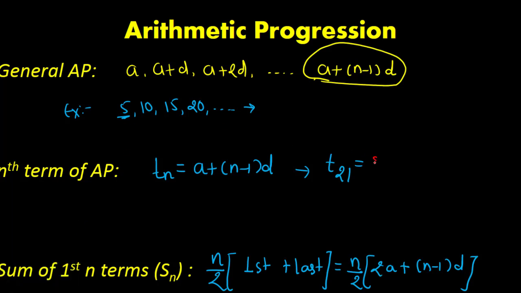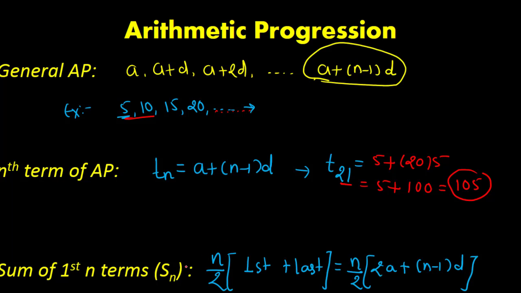So it is 5 plus n minus 1. N is 21, so n minus 1 will be 20. D kitna hai? D is 5. So it is 5 plus 100, which is nothing but 105. So T21 is 105. In this sequence, if you continue writing, you will get 105 as the 21st term.